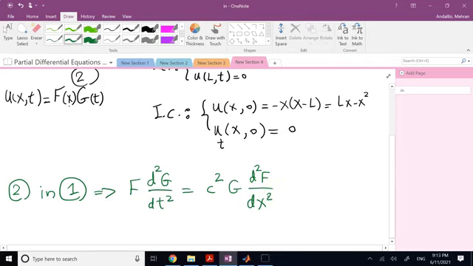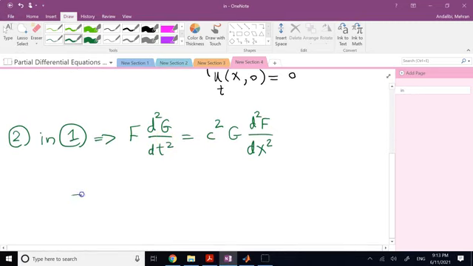So this is what you get, and now I can separate f and g from both sides. So what I will do is divide this side by fg and that side also by fg.